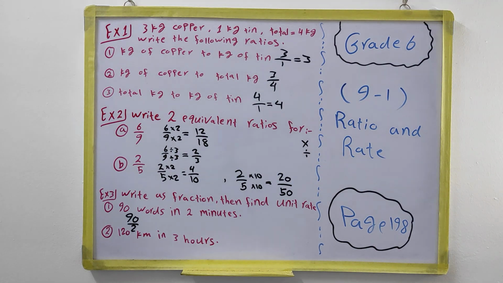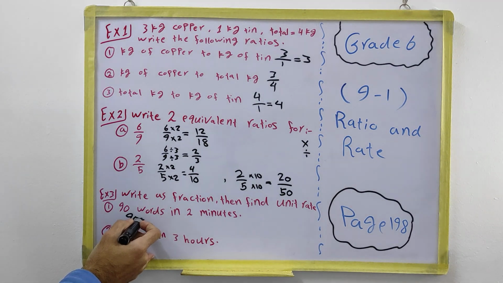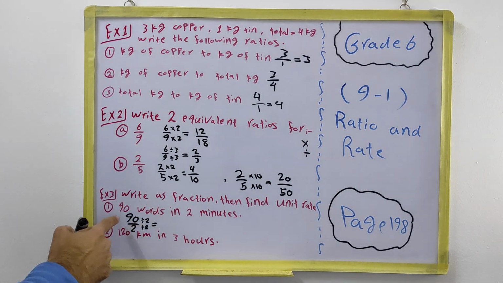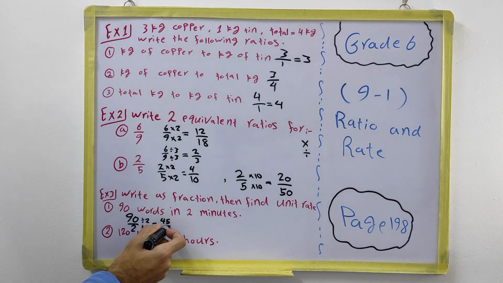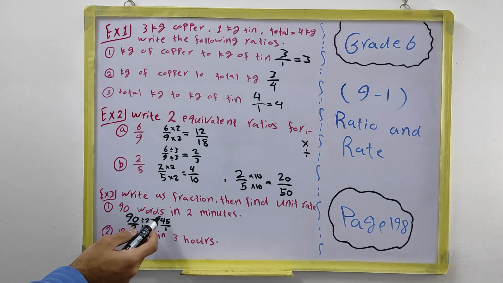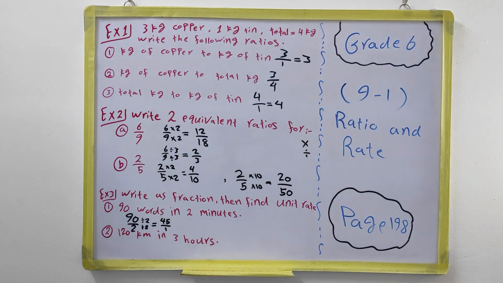We must simplify until the denominator is 1. Divide by 2 and divide by 2. 90 divided by 2 is 45, over 1. So the unit rate is 45 words in 1 minute.